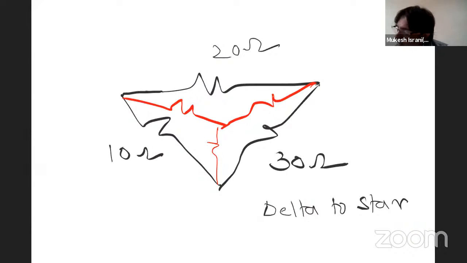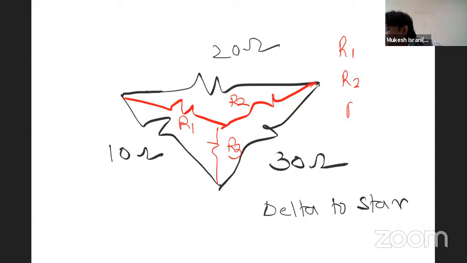Can someone tell me the answer? Let's say we call them R1, R2, and R3. Remember what I told you for R1? Multiply the two adjoining resistances and divide by the sum of all. So what will be R1, R2, and R3?